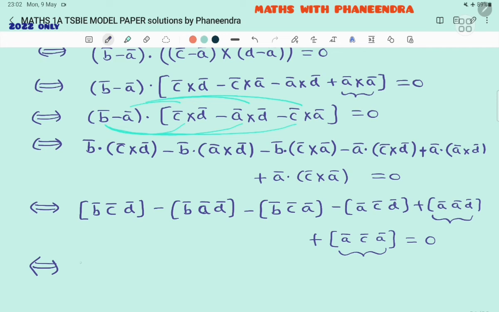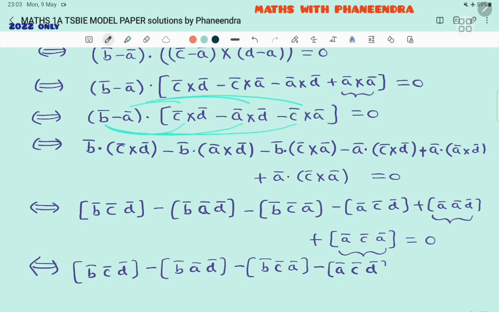So, the remaining terms: box of B bar, C bar, D bar minus box of B bar, A bar, D bar minus box of B bar, C bar, A bar, minus box of A bar, C bar, D bar is equal to 0.